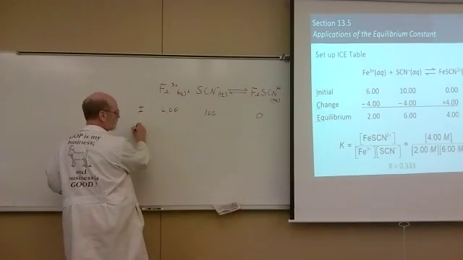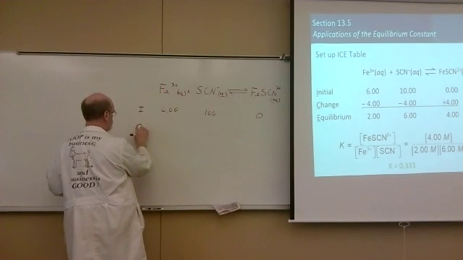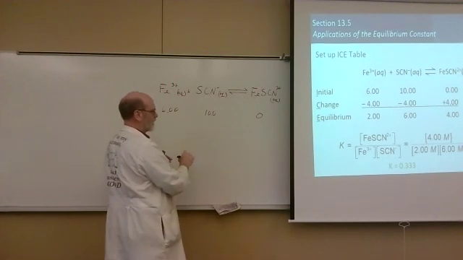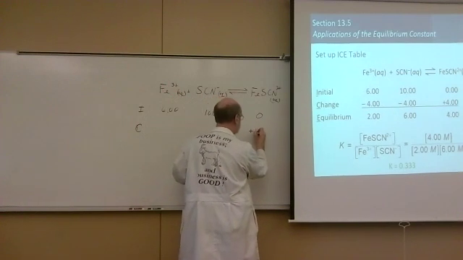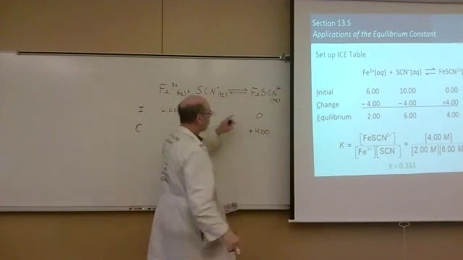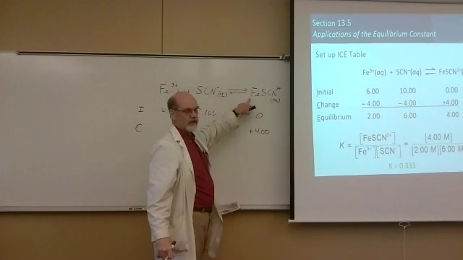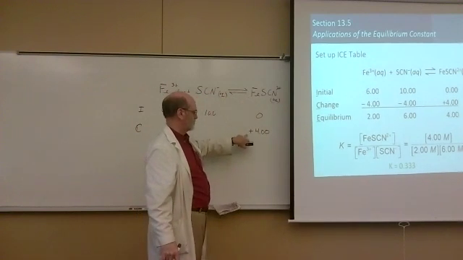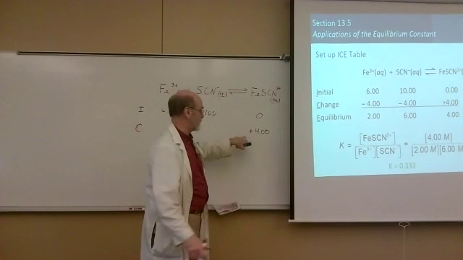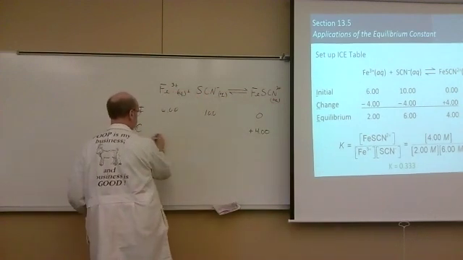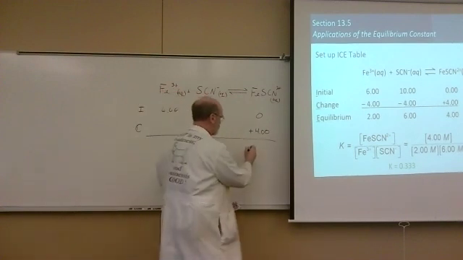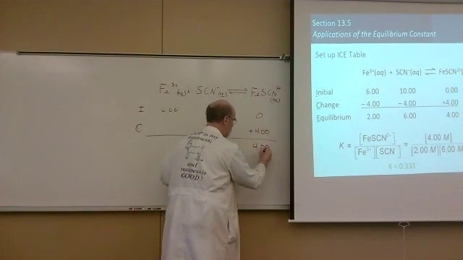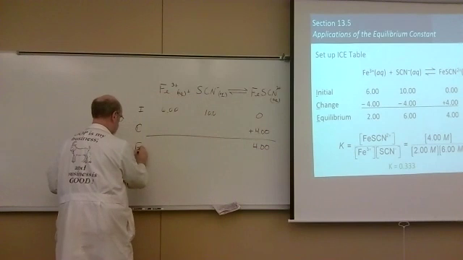And then the change that occurs is you add 4 molar iron 3 thiocyanate, because that's where the equilibrium is. So the equilibrium concentration for that one is 4 molar.